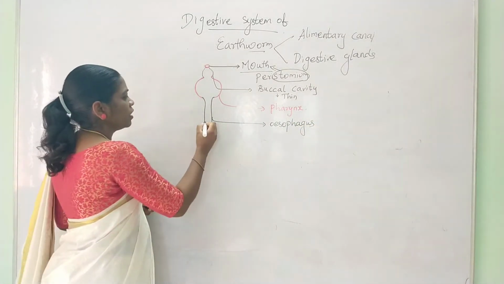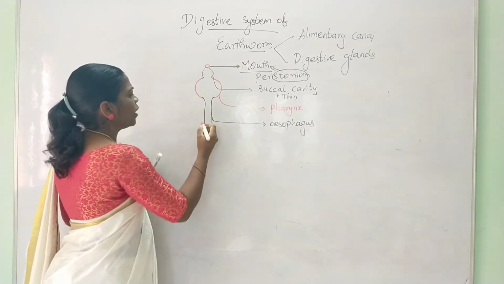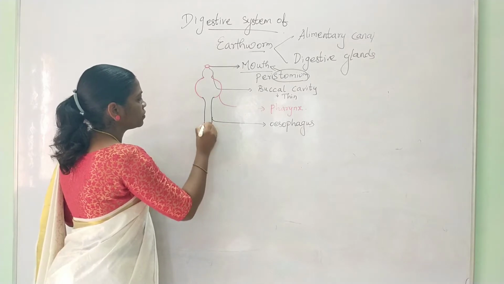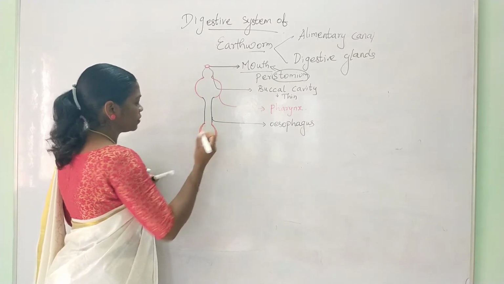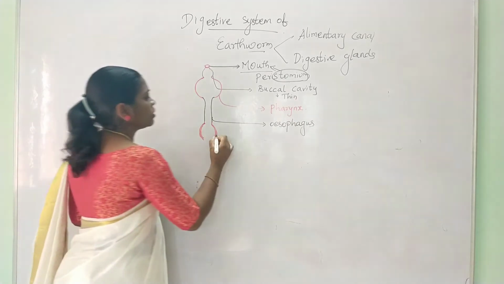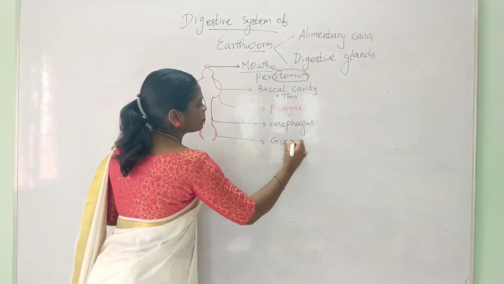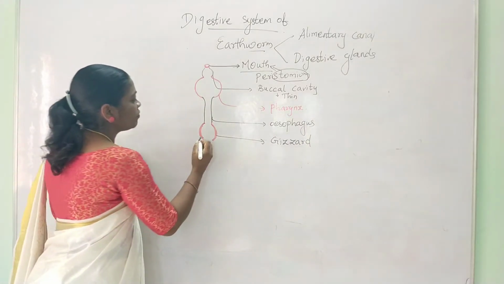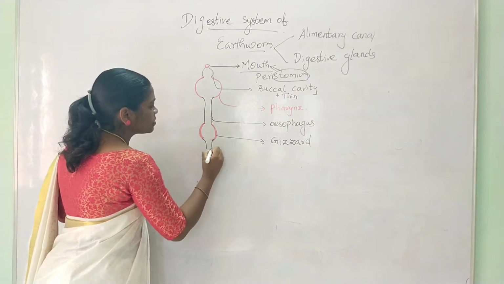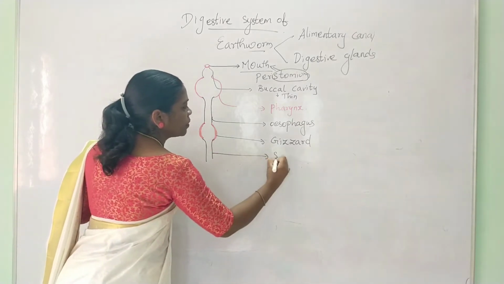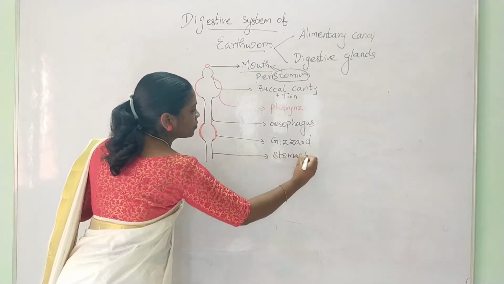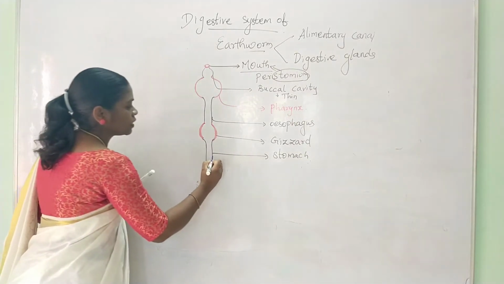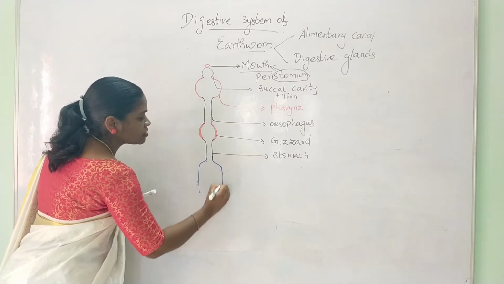Followed by the esophagus, you can find a somewhat wider region which is again thick walled. This structure is known as the gizzard. Followed by the gizzard, you can find one more region, that is the stomach. Followed by the stomach, the intestine runs.